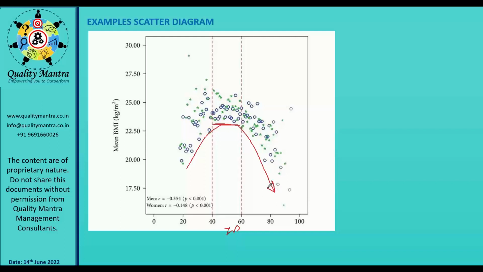The body mass index decreases after a particular age. So basically here, क्या हम correlate कर रहे हैं, BMI को correlate कर रहे हैं हम years, age के साथ.